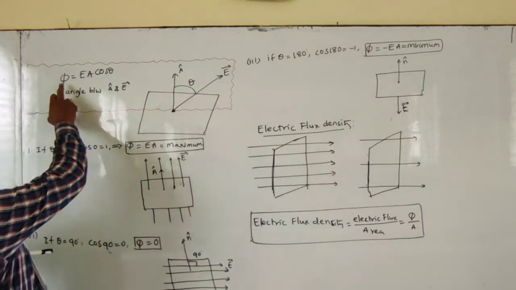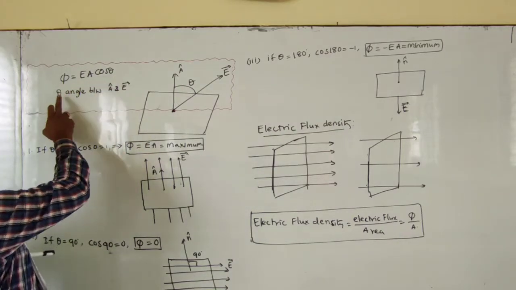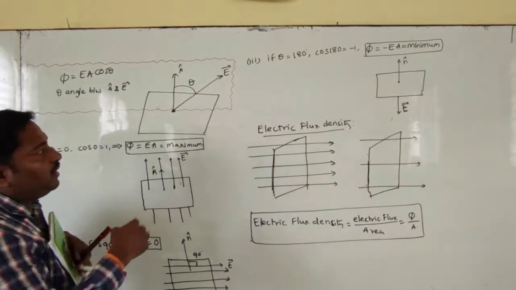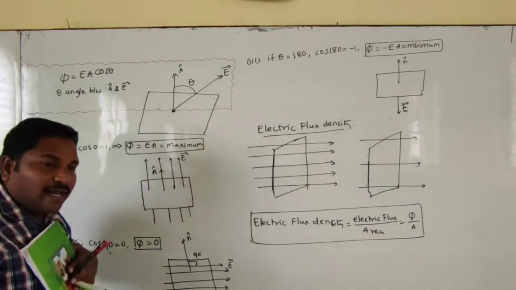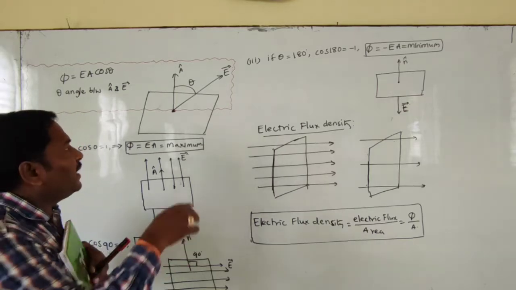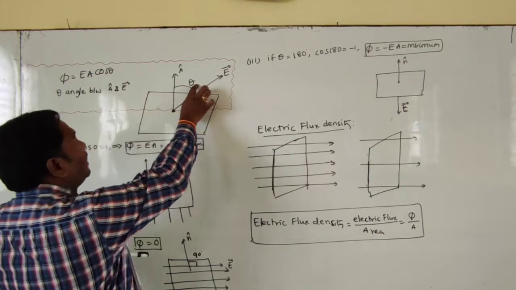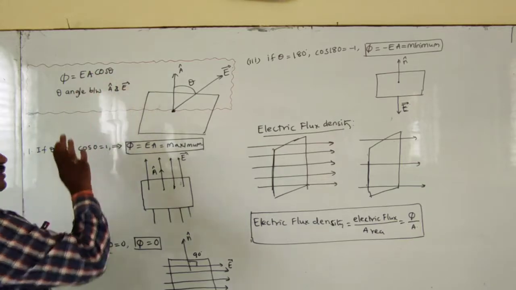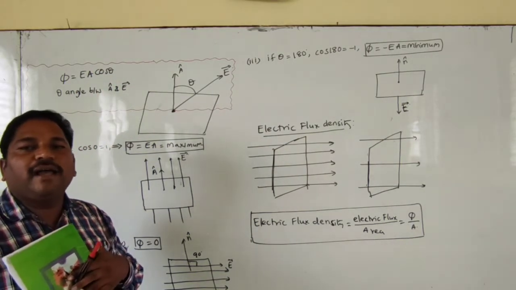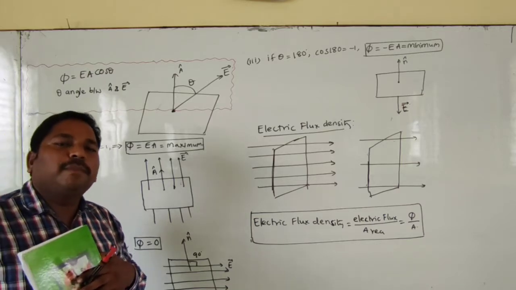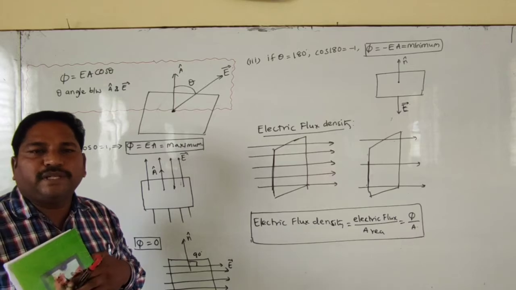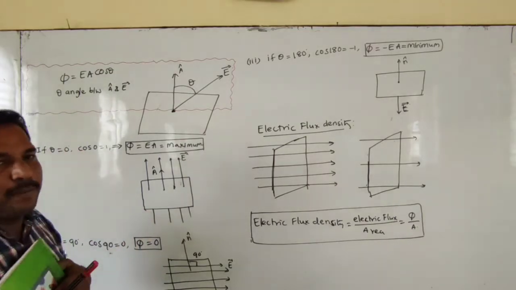Then the formula is phi equals EA cos theta, where theta is the angle between the area vector and electric field. If the electric field makes an angle theta with the plane, then the angle becomes 90 minus theta. So we get cos of 90 minus theta, which means sin theta, when the angle is taken with the plane of the loop. Here, with the normal to the loop, this is the formula.